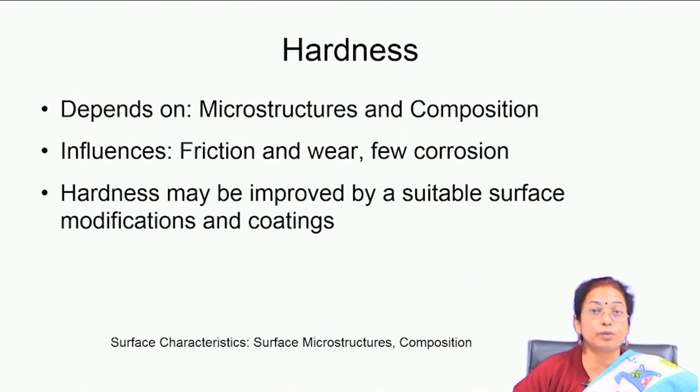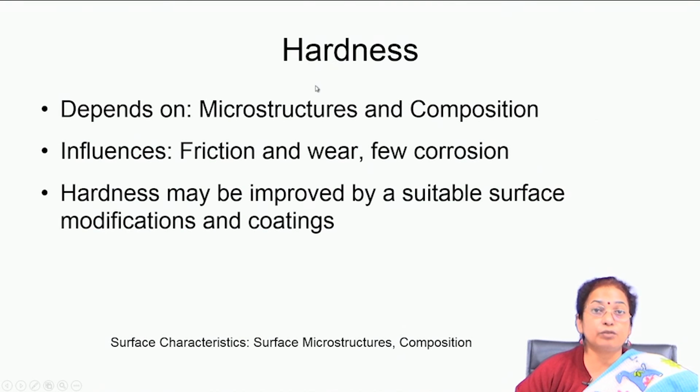If you measure the hardness at the nanoscale with the help of the nano indentation technique, you will find that the hardness of the surface is much higher than that of the bulk of the material, because of the presence of a work hardened layer, oxide layer or the Beilby layer.